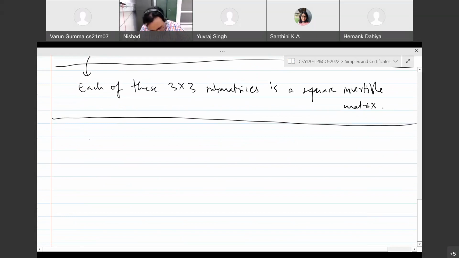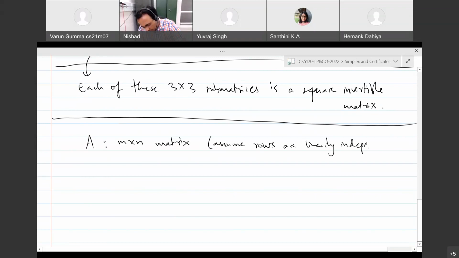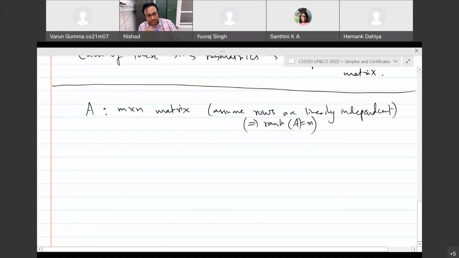Okay, so let's say A is any m by n matrix. And again, we assume that the rows are linearly independent. And let's say I take a set of the column indices. So let's say J is a set of column indices.